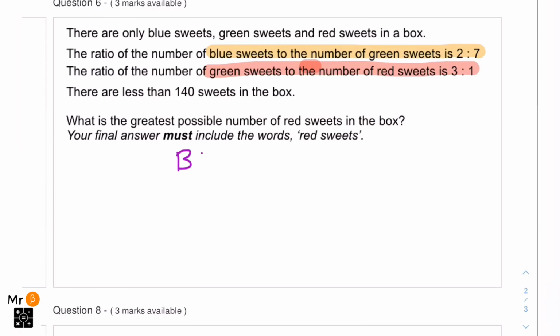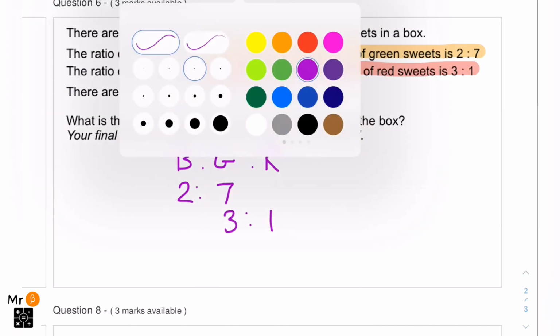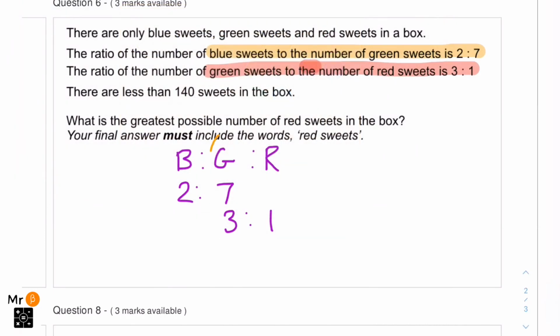So we've got this ratio of blue to green, and then we also have this ratio of green to red. However, at the moment, they are separate, and that's why I'm going to write them over each other. We need to find the lowest common multiple of our green ratio so that we can combine these ratios together and write it as one triple ratio.